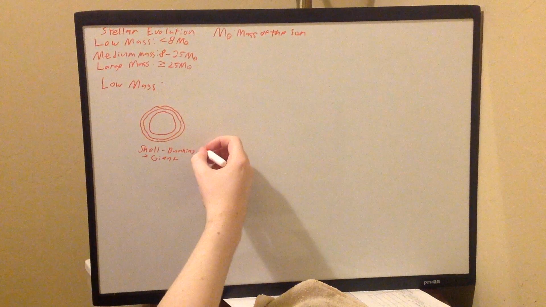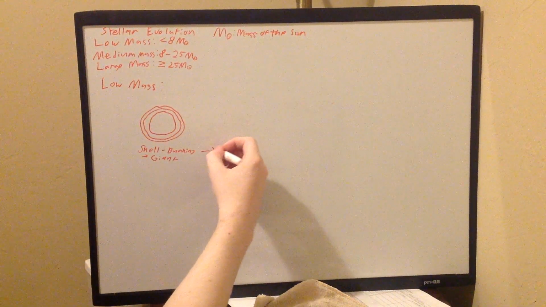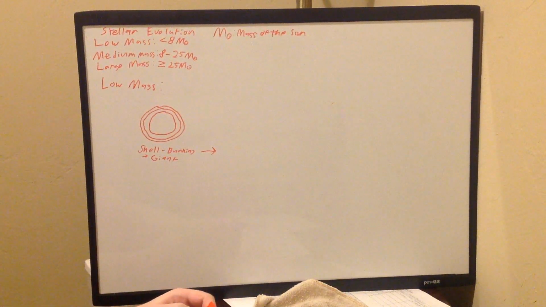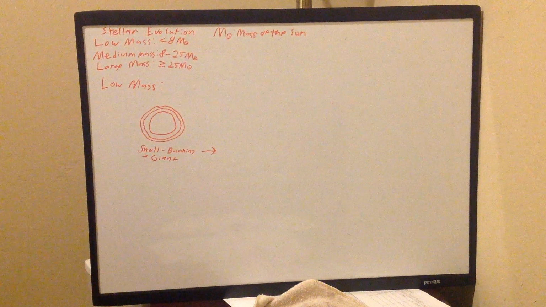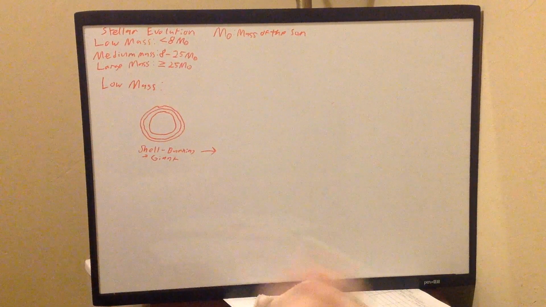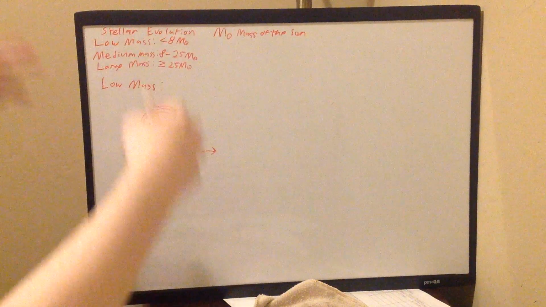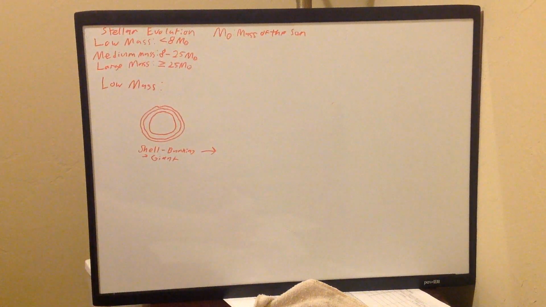Now, the amount of time a low-mass star is a giant is quite small compared to the amount of time that they were a main sequence star, but still pretty long. And so when they're a giant for long enough, the core will sort of lose hold of the outer layers of the star.